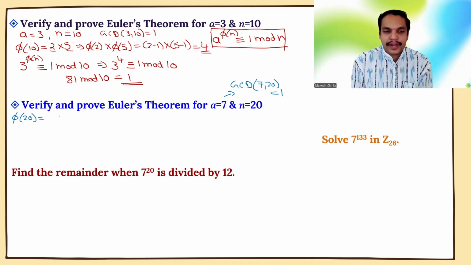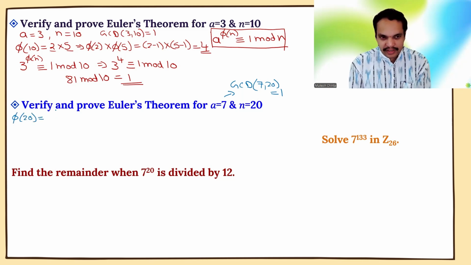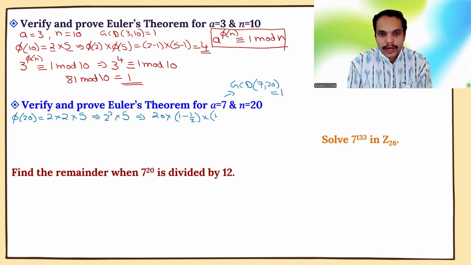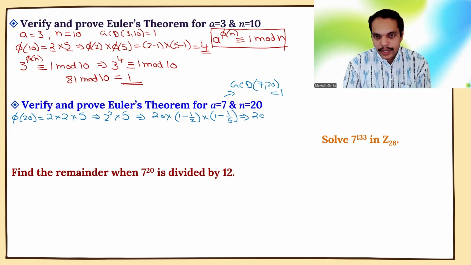Psi of 20 cannot be written as a product of two prime numbers, so I do the prime factorization, which I can write as 2 into 2 into 5, equal to 2 square into 5. How do I find psi of n in this case? As I told you, 20 into (1 minus 1 by 2) into (1 minus 1 by 5). This is how you write it down, which equals 20 into 1 by 2 into 4 by 5.